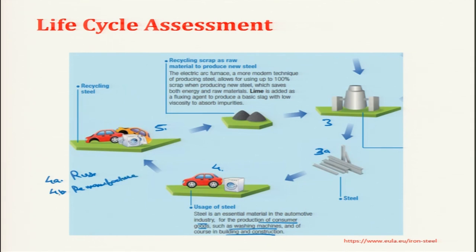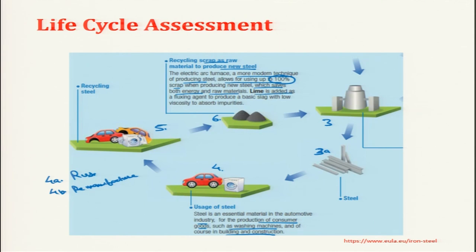Now, step 5 is when it goes for recycling, and after recycling it goes as scrap, recycling scrap as a raw material to produce new steel. Electric arc furnace, that is a more modern technique of producing steel, allows for using up to 100% of scrap when producing new steel, which saves both energy and raw materials.